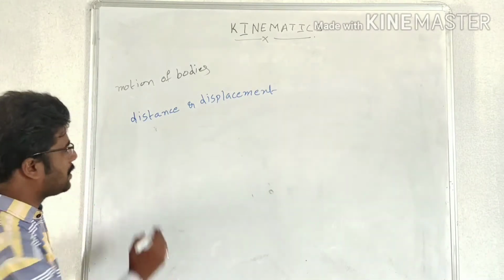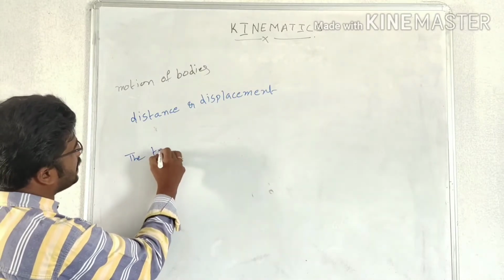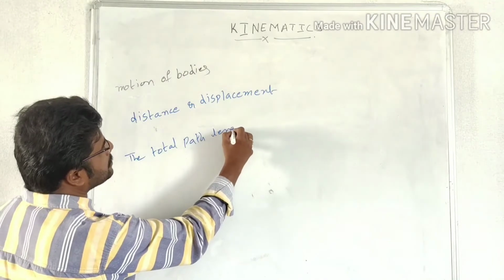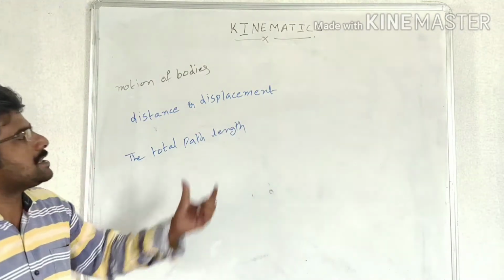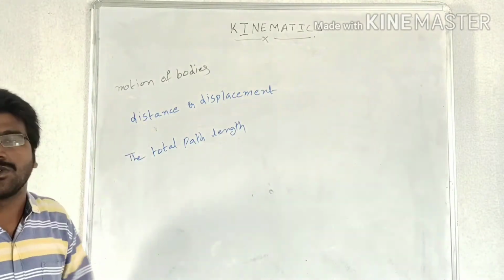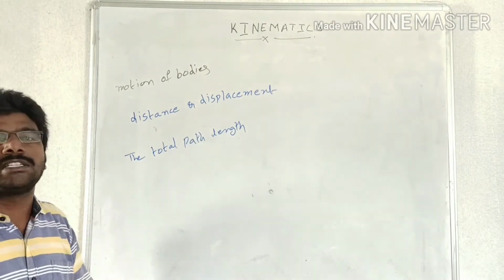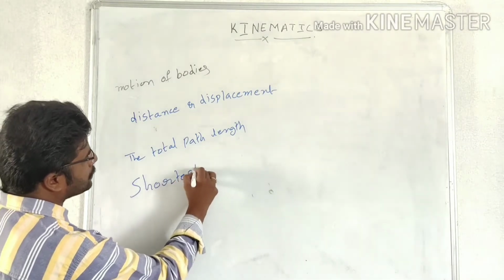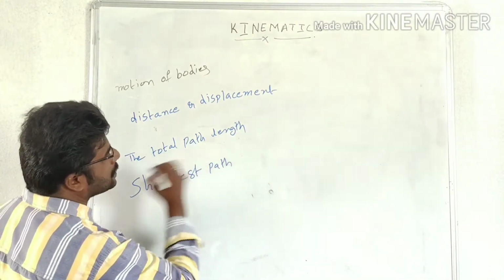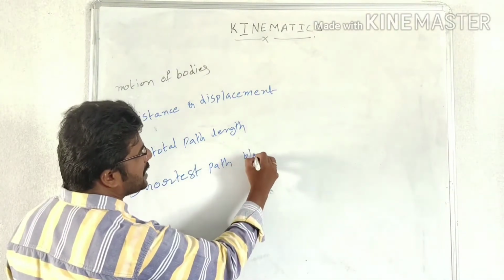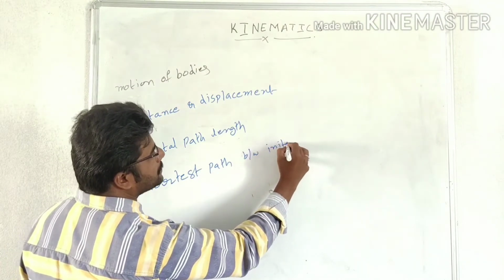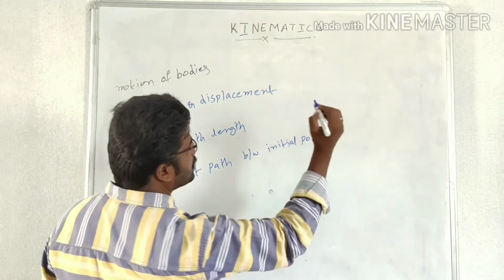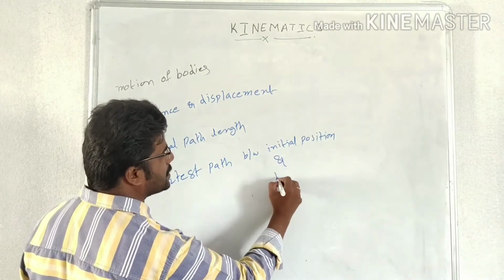Distance means the total path length traveled by the body. When you come to displacement, it is the shortest path between initial position and final position.